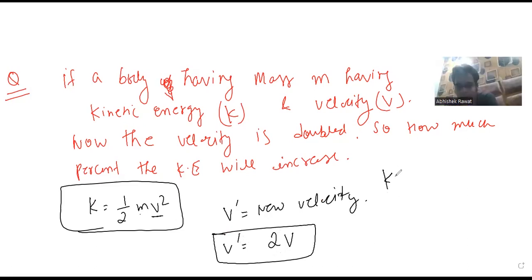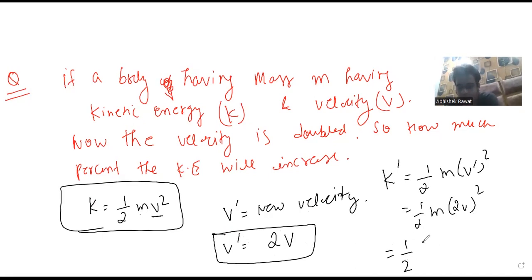So the new kinetic energy will be k dash, which is half m v dash square, or half m times 2v square. So it will come like half m 4v square. So we can take 4 as common.